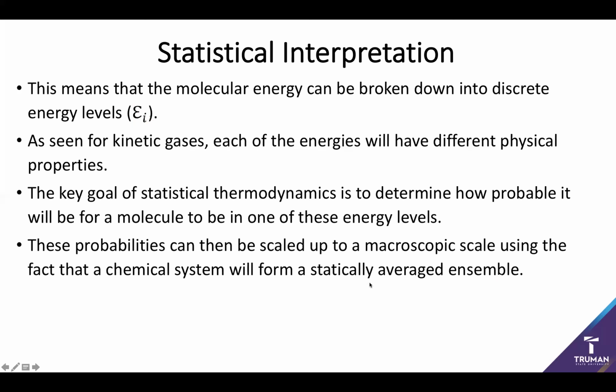So this is essentially a statistically averaged ensemble of n molecules, where if I've got n molecules and I know the probabilities of each molecule being found in any given state, I can get a distribution of the energy levels I would expect my molecules to be found in. Some high energy, some low energy, some in the middle. And trying to figure out the exact ratio of those is going to help me describe the system.